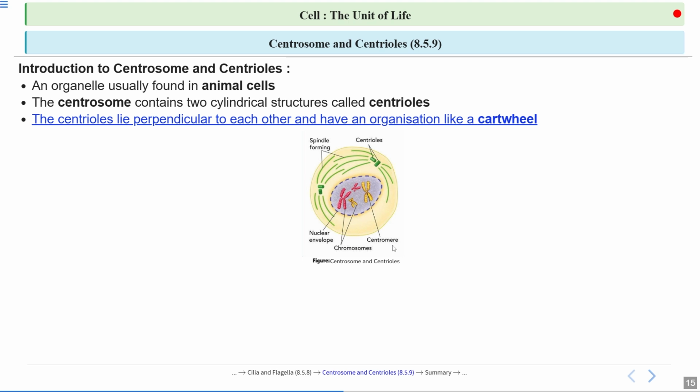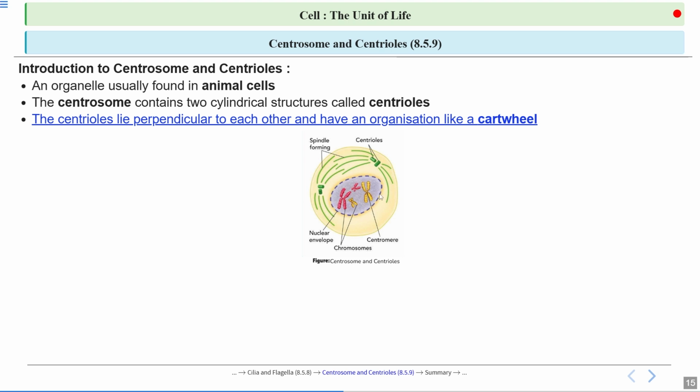You can see here this is the centrosome. You can see these are the centrioles, 2 centrioles, and they are perpendicular to each other, 90 degrees to each other. They are present in animal cells. This is the nucleus. Within the nucleus, chromosomes are present.